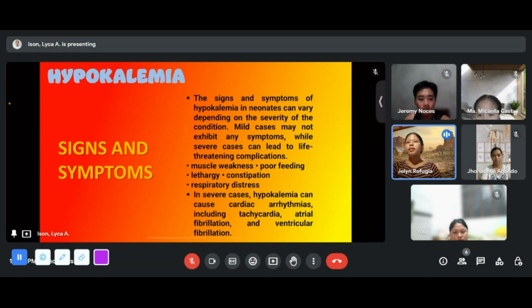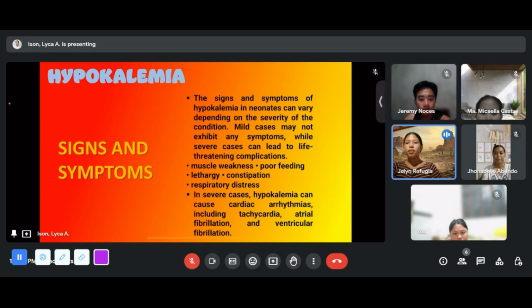So, nakadepende din kung gaano ka-severe yung condition ni baby sa sintomas nito. So, pag severe yung case, it can lead to life-threatening complications. So, the symptoms are muscle weakness, lethargy, poor feeding, constipation, and respiratory distress.